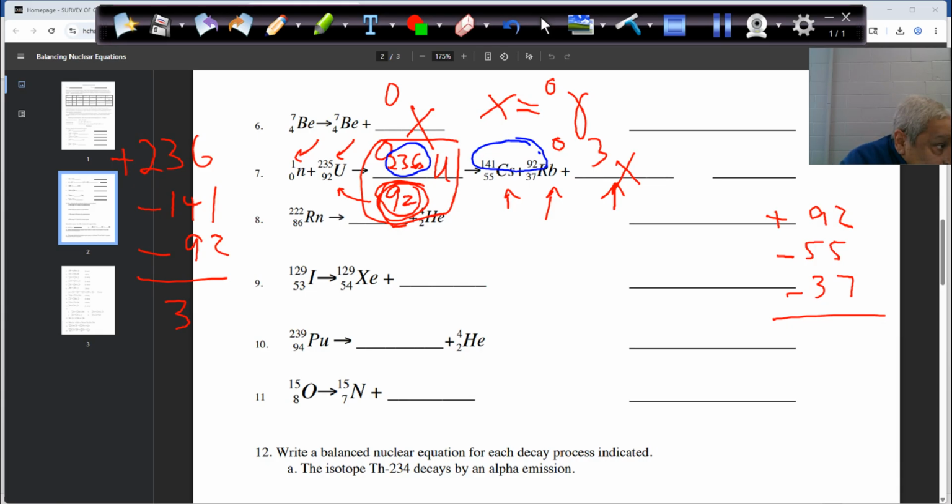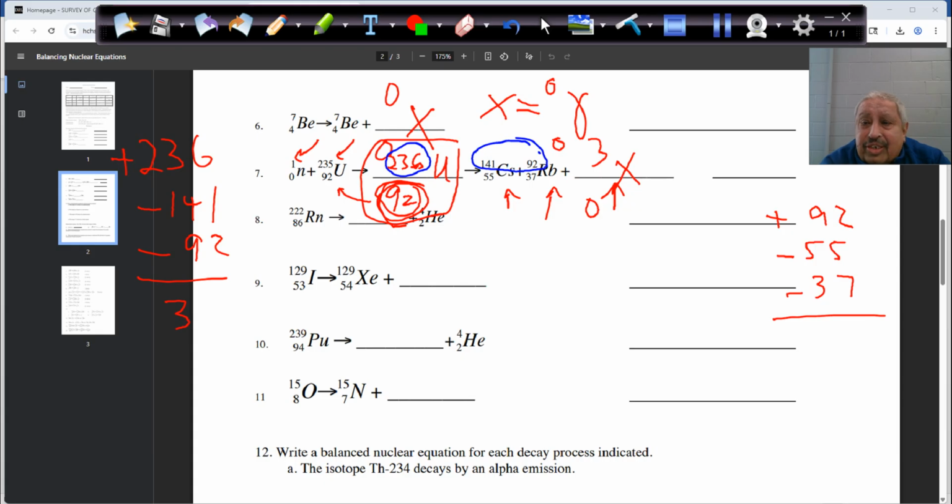How much is it? 0? No. Yeah, that's correct. 0. Are we sure that's correct? 56 plus 36, that's 92. Yeah, 92 minus 92 is 0.